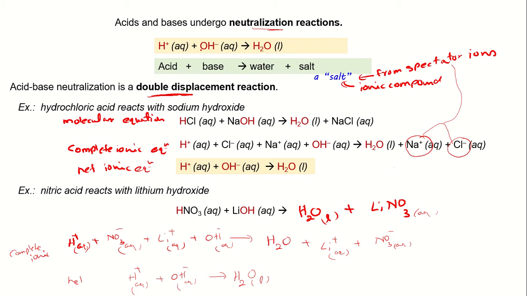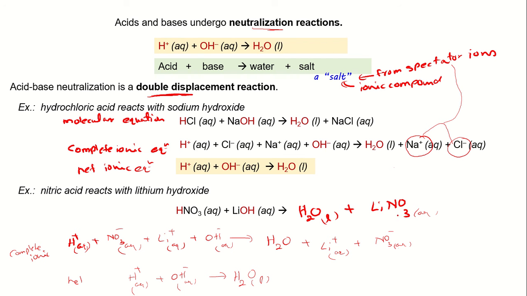All acid-base reactions are going to be double displacement reactions. So you're simply displacing each other's partner. Nitrate will pair up with lithium and hydrogen will pair up with this OH. Hydrogen pairing up with OH results in a water molecule, and the other pairing results in lithium nitrate.